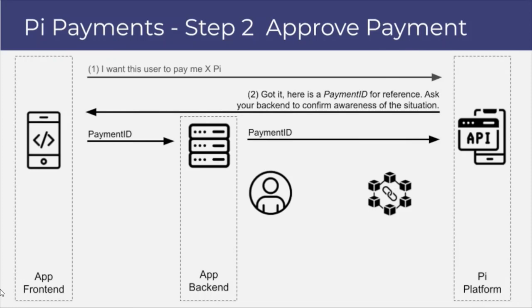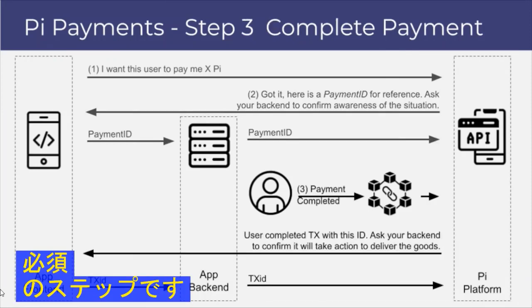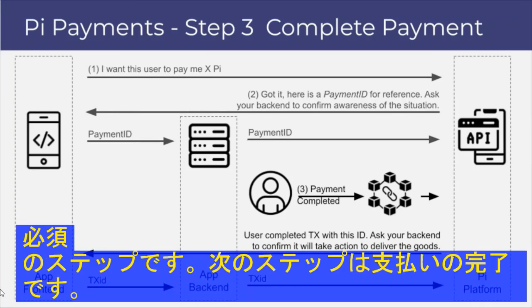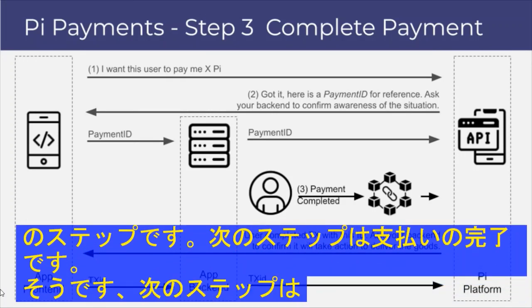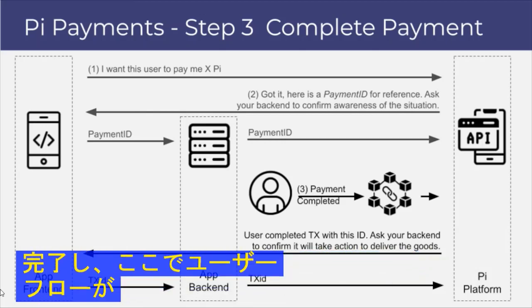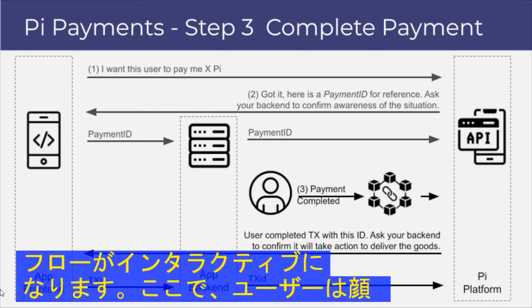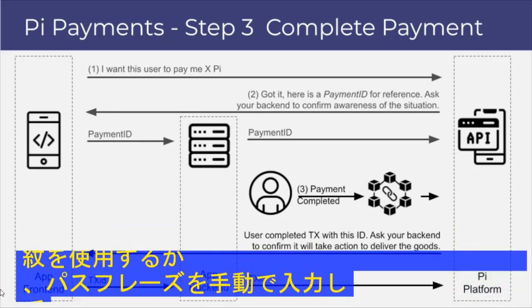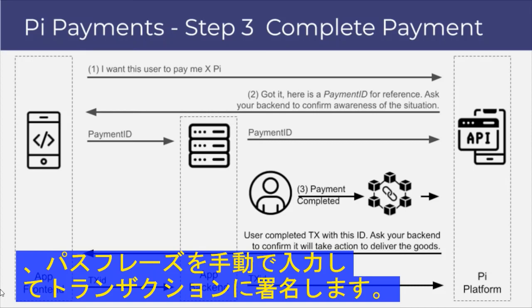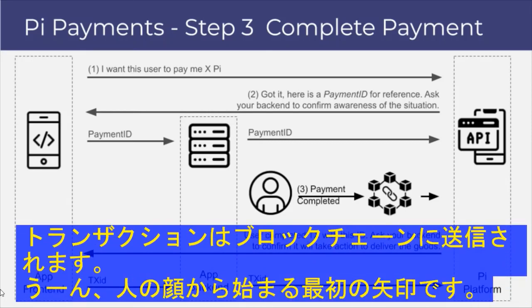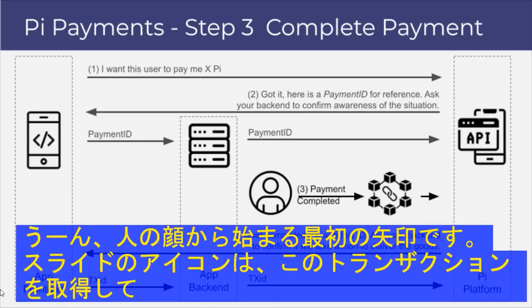Now, the next step is payment completion, and this is where the user flow becomes interactive. This is where the user gets to either use Face ID or fingerprint or manually type their passphrase to sign the transaction. The transaction gets sent to the blockchain, which is the first arrow starting from the person's face icon on the slide.